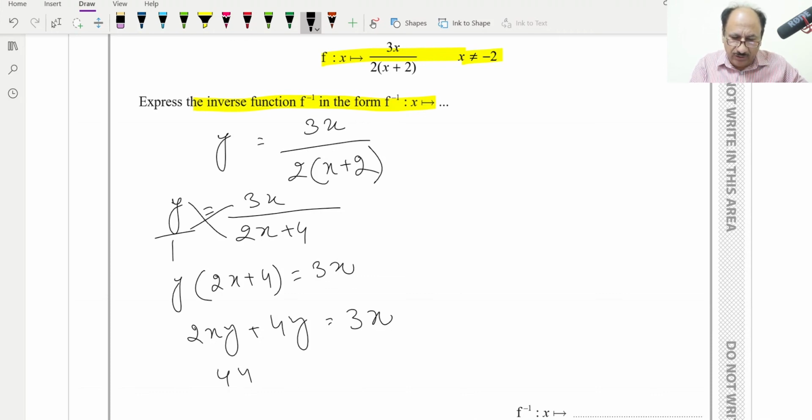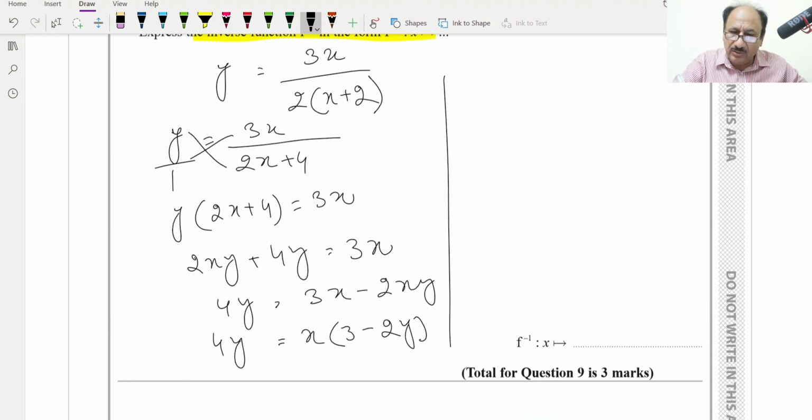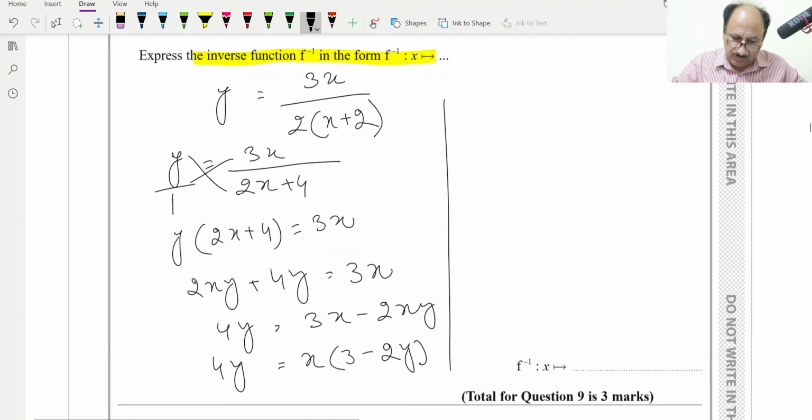So 4y is equal to 3x minus 2xy, and x we can take common, so inside will be 3 minus 2y, and this side will be 4y, and we can write the remaining question on this side.